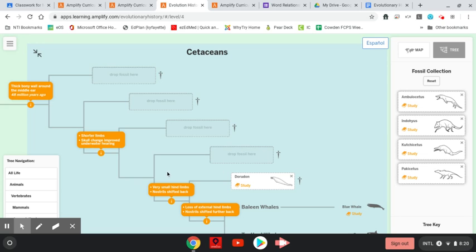Alright, so the next one we have here is kind of in between this one with shorter limbs and this one right here before the whale. And it says very small hind limbs and nostrils to the left and back. So I'm going to look over here, and this one's got tiny little legs, barely even there, versus this one that has some big legs.